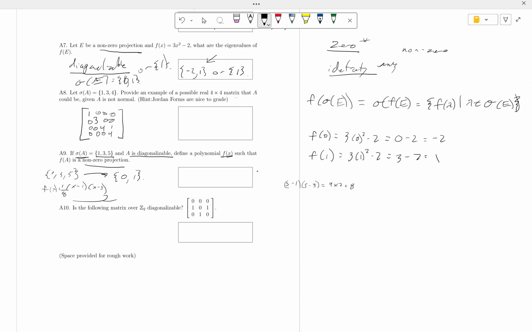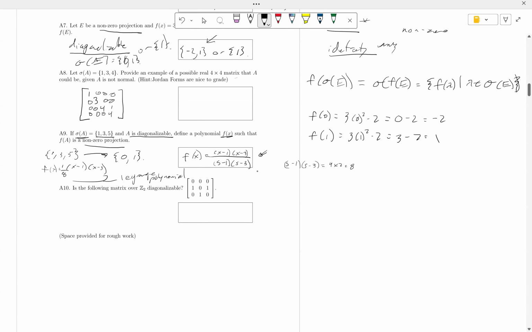But if we look at this, this is the Lagrange polynomial. So yes, we can figure it out without using the Lagrange polynomial, but often the Lagrange polynomial will help us come up with this problem quite easily. Remember, it produces projections. So this is a valid f of x. And any of those Lagrange polynomials would work.